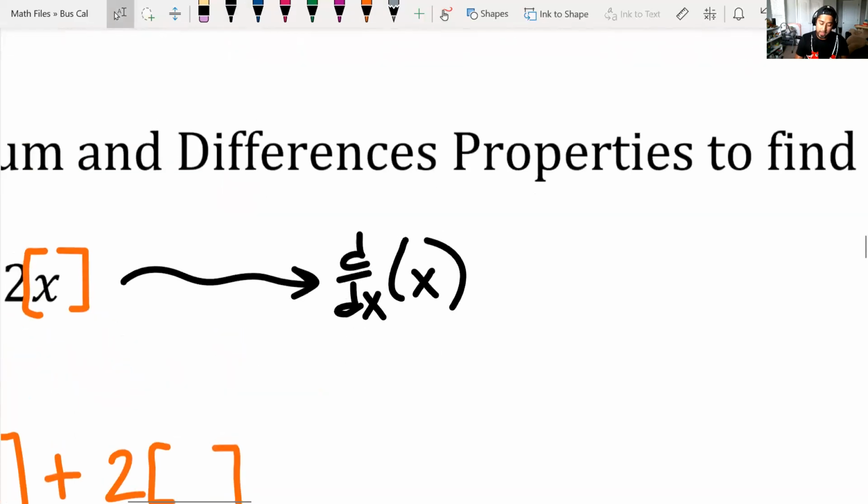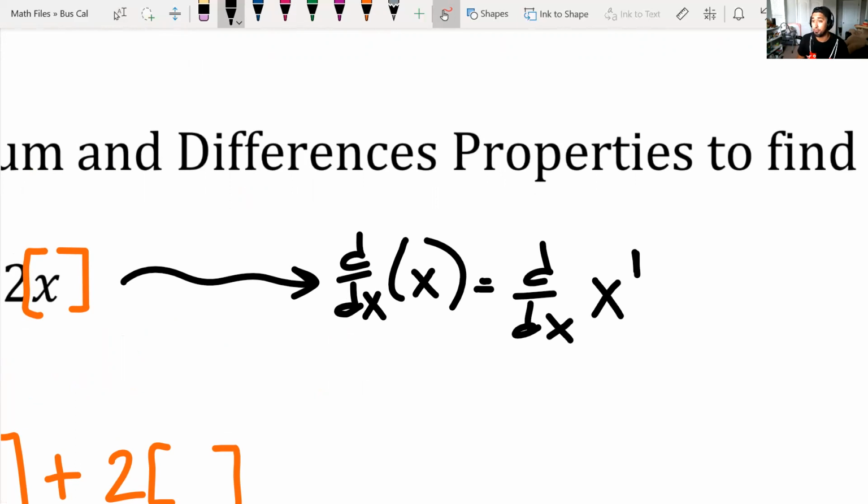Well, if we're doing the power rule, we have to think of powers. So remember that x is always to the power of 1. So if you are taking the derivative of x to the first power, that 1 comes down, and you get 1x to the, and by the power rule, you always take 1 away.